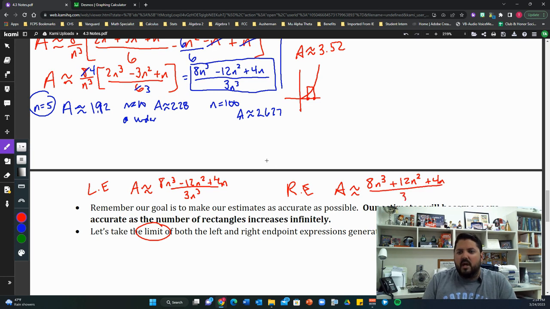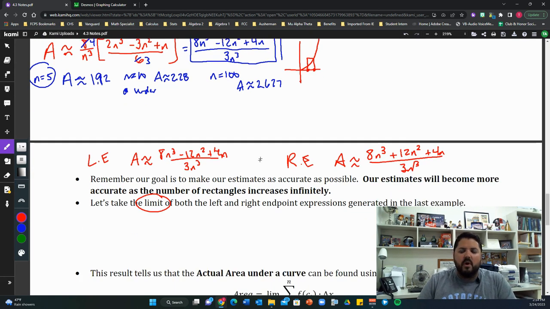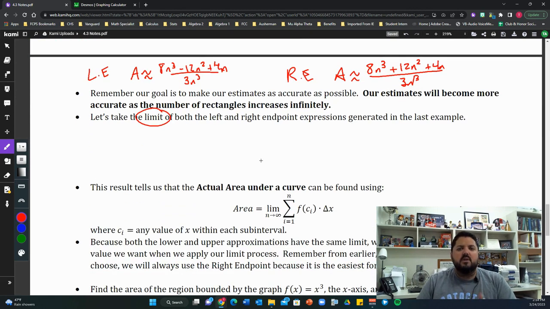So now what we want to do is we want to say, well, what happens if we continue to increase the number of rectangles infinitely? Well, to explore what that area approximation would approach, that is where we are going to require a limit. So I'm going to take the limit as n, because n is the driving variable in these expressions. As n approaches infinity, that means the number of sections that I use increases infinitely.